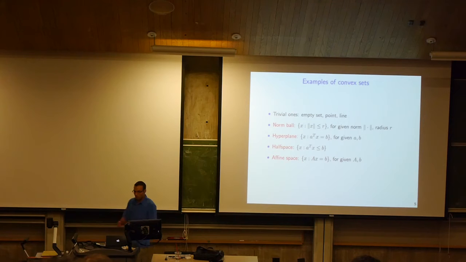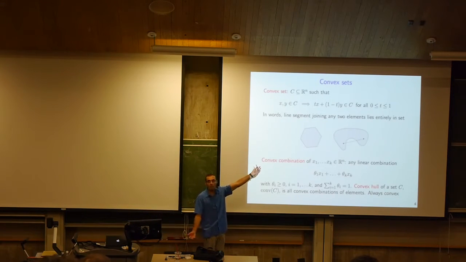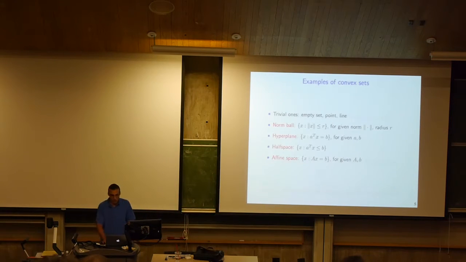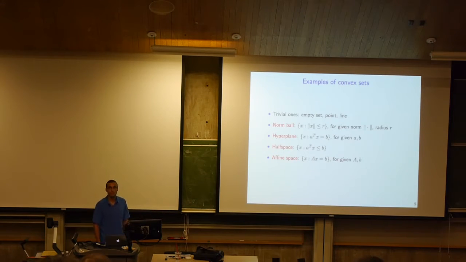We require this property to hold for every two points in the set C. If C is empty, it doesn't have any two points, so of course that property trivially holds. A point is convex: if the set's a singleton, you'll see that the definition holds. A line is also convex. A line segment is also convex. All of R^n is convex. These are all trivial examples of convex sets.